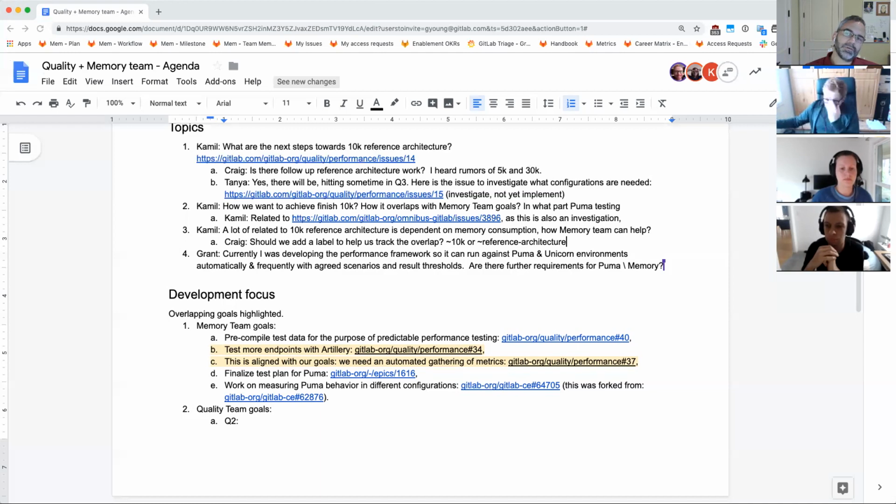We will iterate and respond based on our findings later to further refine the 10K, but this reference architecture is based on the current state of the software. And unless we find anything horribly performing, we are not going to stop getting out the first draft. Is that correct? Yeah, that's correct.